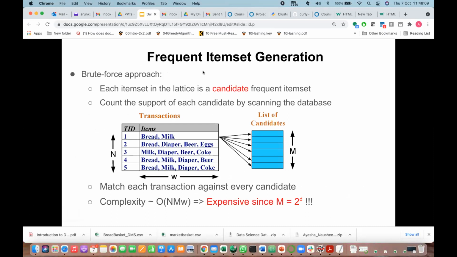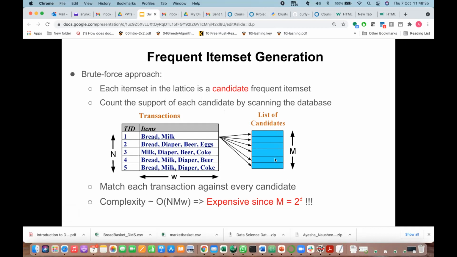So how do we generate a frequent item set? Brute force approach again: each item set in the lattice is a candidate frequent item set. Count the support of each candidate by scanning the database. So first we will get the support of bread, support of milk, support of diaper, like that.